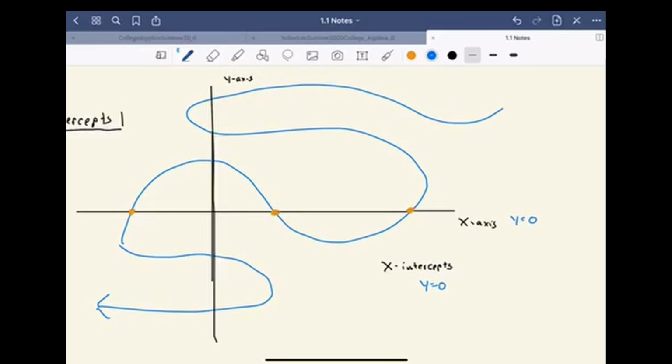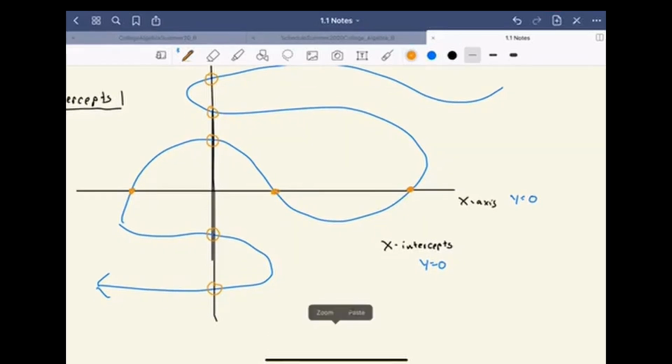Now, the y-axis and the y-intercepts, those are these points here. What do all those points have in common? Of course, x equals 0.